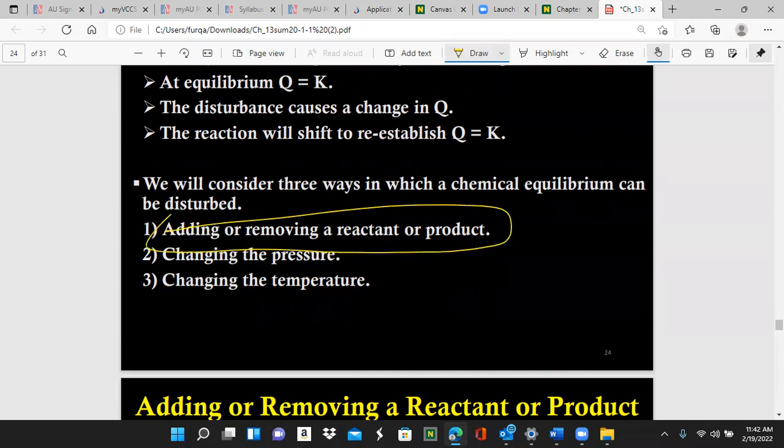This goes exactly for the products too: if you are adding more product or taking products out of the reaction, the equilibrium will be disturbed because the concentrations are changing. It doesn't mean that the equilibrium achieved later gives you a different value, but the system is not at equilibrium at that point and needs to return to equilibrium with the same value. Changing pressure also changes the concentration, and changing the temperature is going to give you an entirely different value for K.